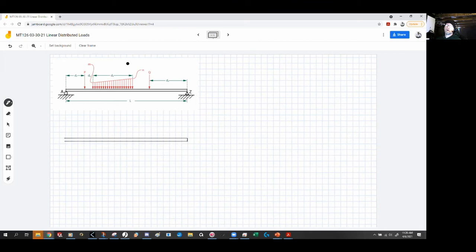Okay, so I'm going to redraw all of these. Here's Q, ZY, AY, D1, D4.